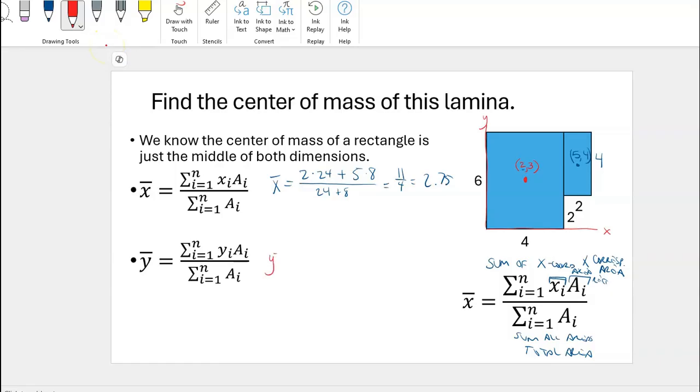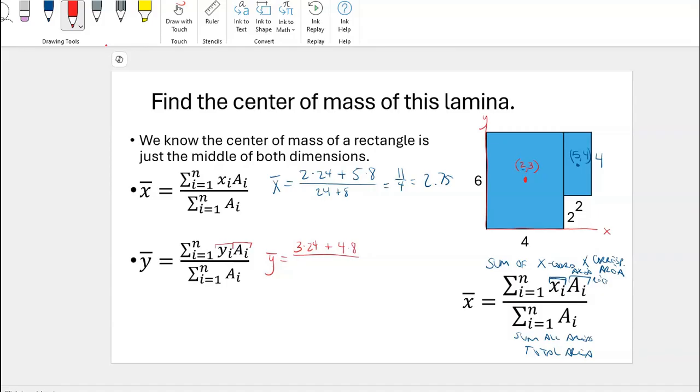On the y side, this y bar, we're going to follow the same process. I'm going to take the sum of the y coordinates times the area of the corresponding rectangle. So for the first rectangle, my y coordinate is 3, times the area of that rectangle, 24, plus the y coordinate of the second one, that's 4, times its area, 8.